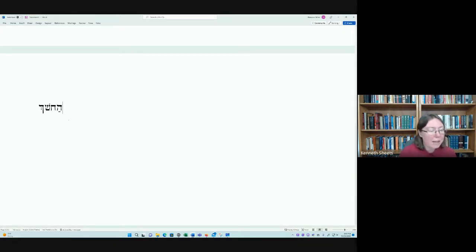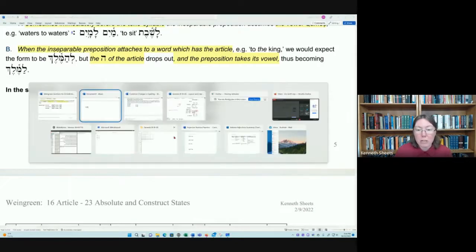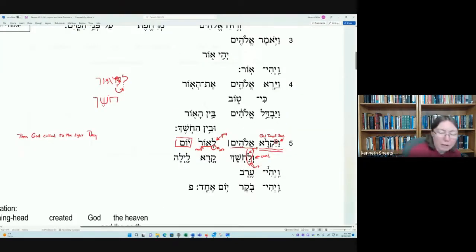So we have then ha-choshek, and then the lamed preposition pointed with the simple vocal shewa. And so as a result, the hey is going to drop out with it being weak, and then the lamed is going to assume the pointing. And so that leaves us then with la-choshek, and then we put the conjunction on the front of it.